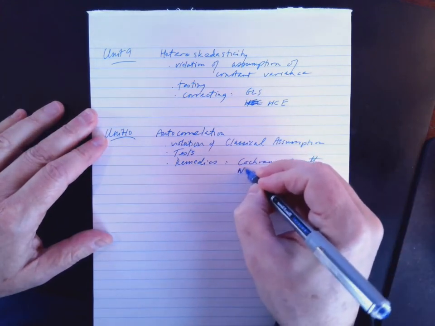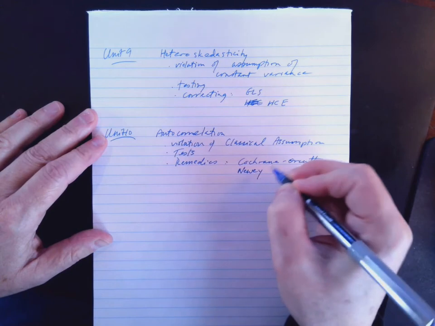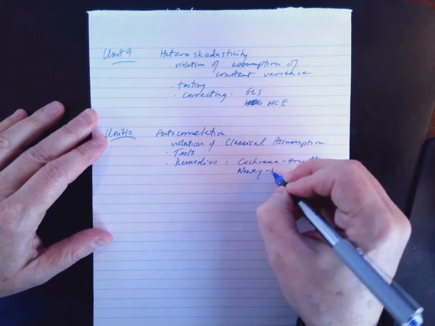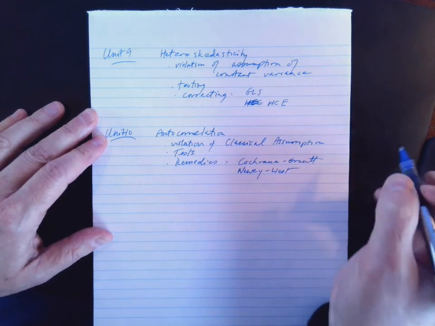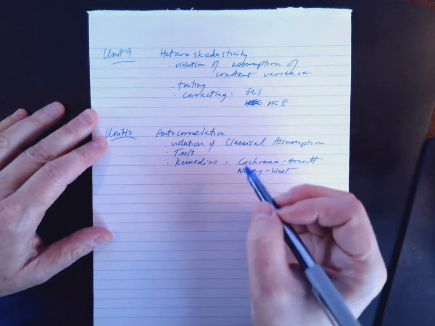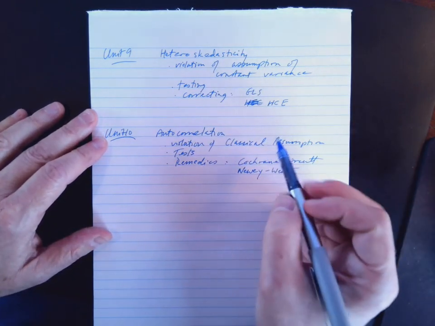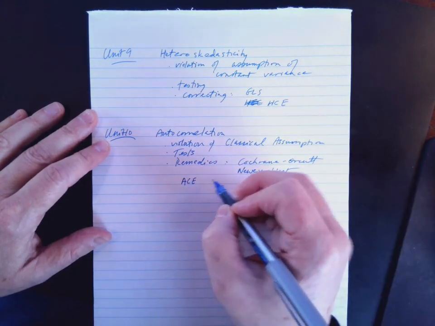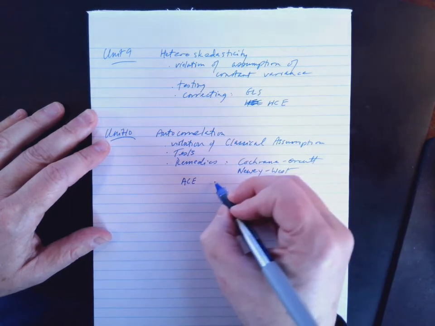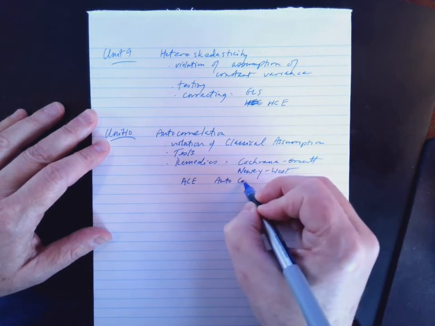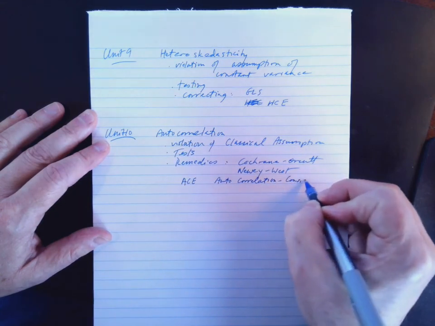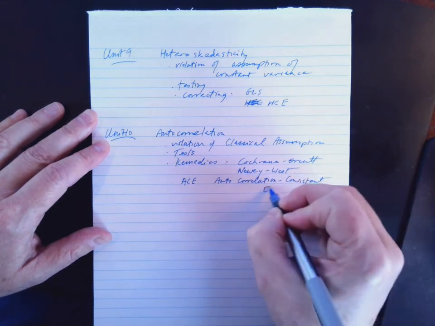But the other option is the HCE type Newey-West estimators. We could call that one ACE, autocorrelation consistent estimator.